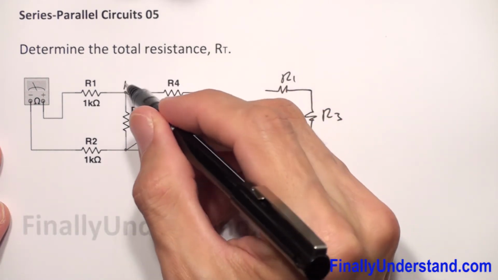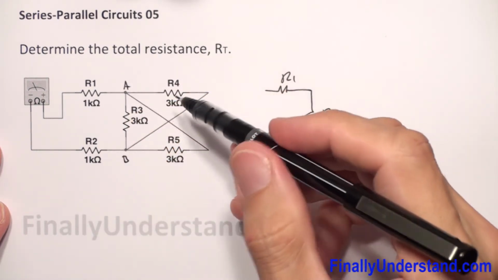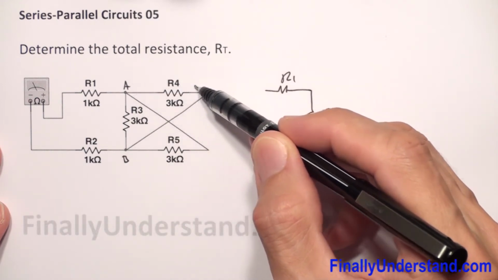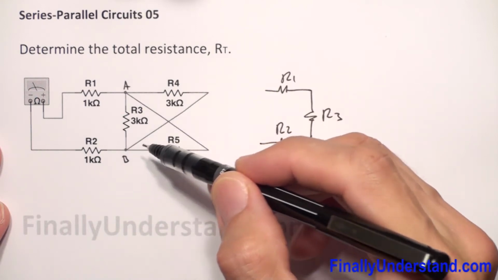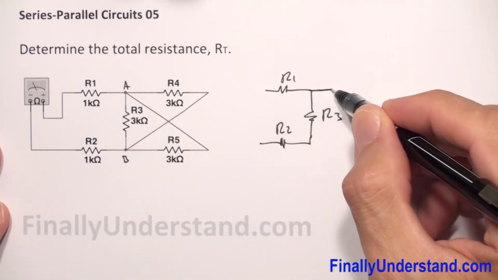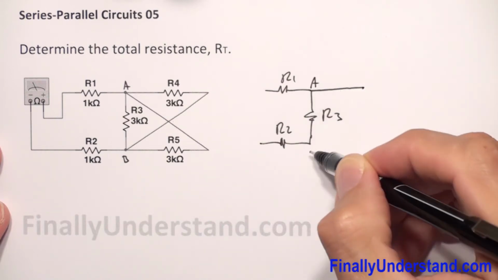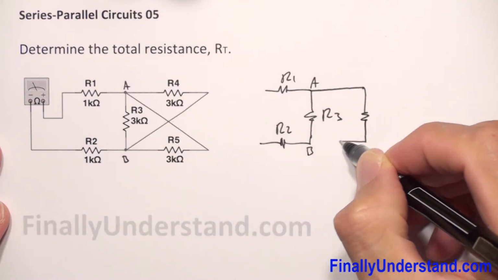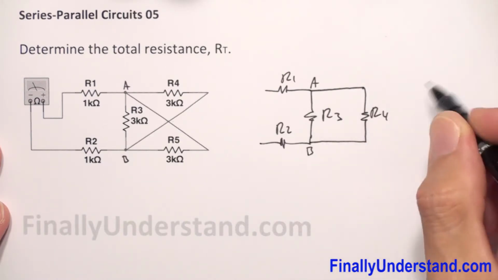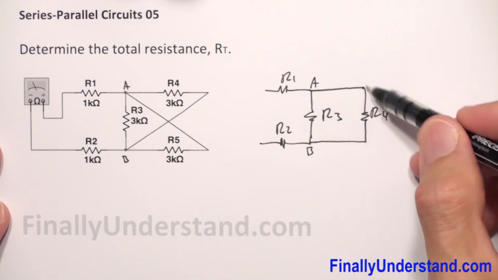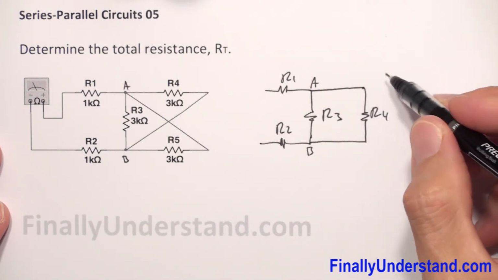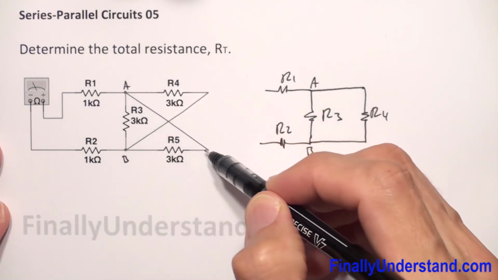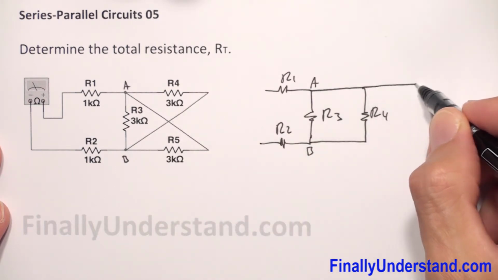Now let's call this point A and this is my point B. My point A is connected with resistor R4 and R4 is going to point B. So this is my R4, which connects point A with point B, and I have also R5, which is also connected to point A and point B. So I can draw it like this.